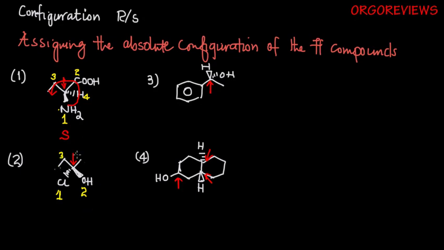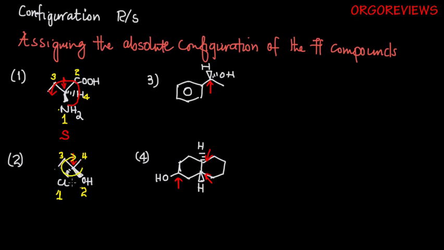So now the question remains, which direction are we going? We're going this way, right? So we realize that the highest priority is facing away from us. So as you can see, we have 2, 3, 4, which is this direction. And the highest priority is actually away from us.